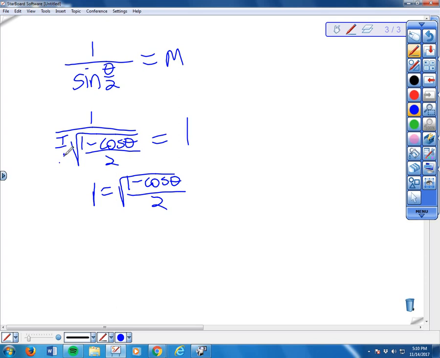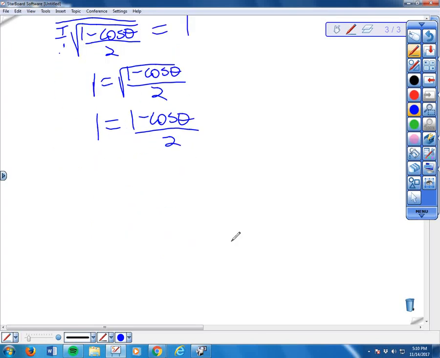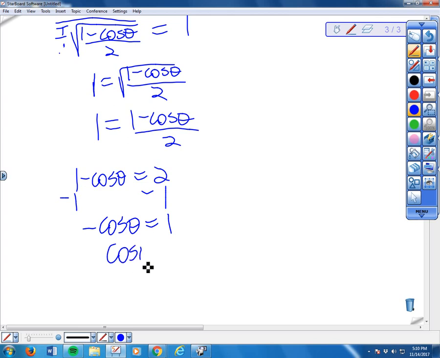Now if I square both sides, I still get 1 equals (1 minus cosine theta) over 2. Cross multiply to get 1 minus cosine theta equals 2. Subtract 1, I get negative cosine theta equals 1. So cosine theta, which is what I'm looking for, is equal to -1.